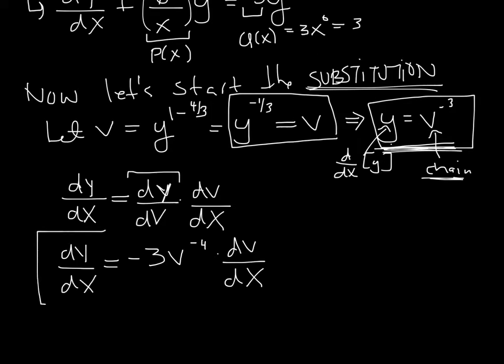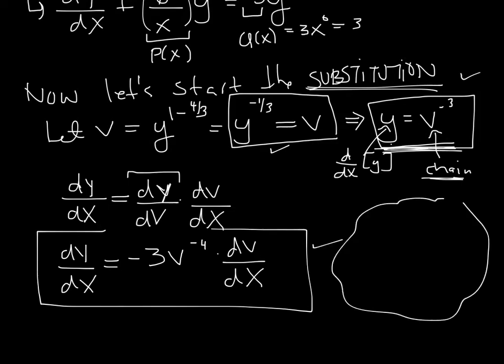So I'm going to box our third relationship. Okay, so we have v, we have y, and we have dy dx. So this is a good little summary. This is your thinking box.